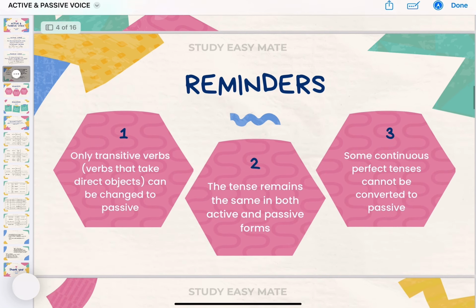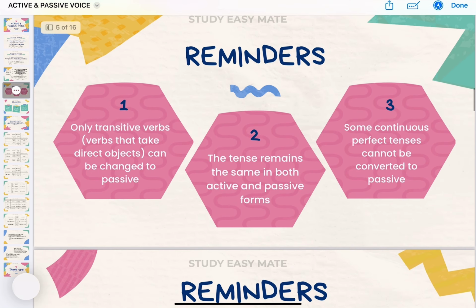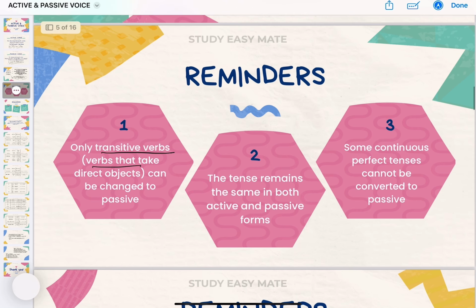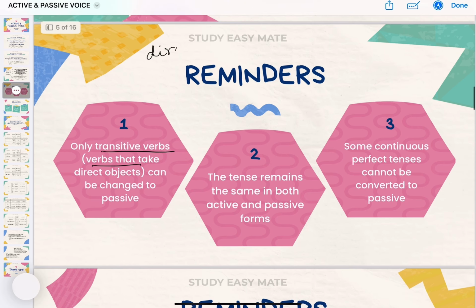What are the other reminders that you can keep in mind while converting from active to passive or from passive to active? First, only transitive verbs that take direct objects can be changed to passive. What is a transitive verb? For a transitive verb, you need a direct object to complete its meaning.